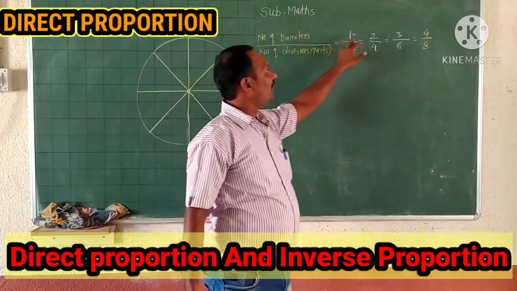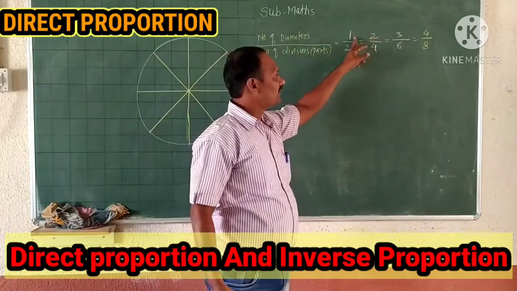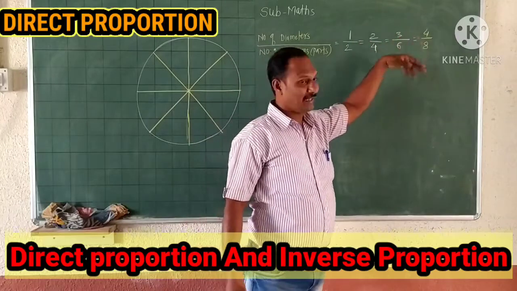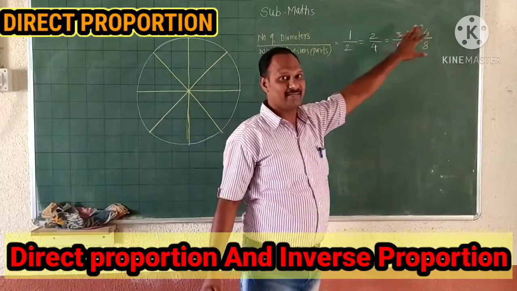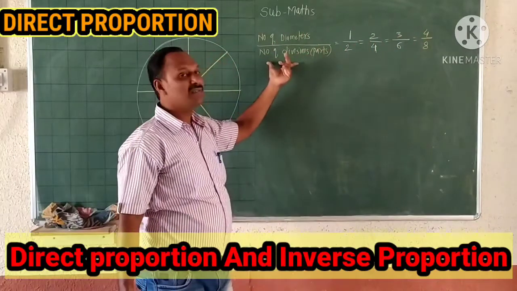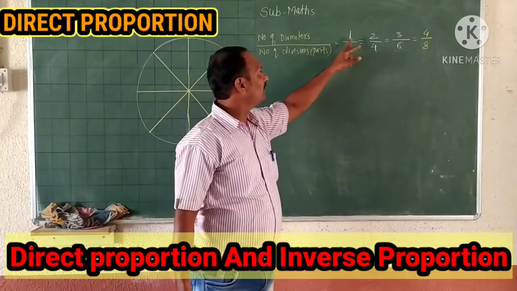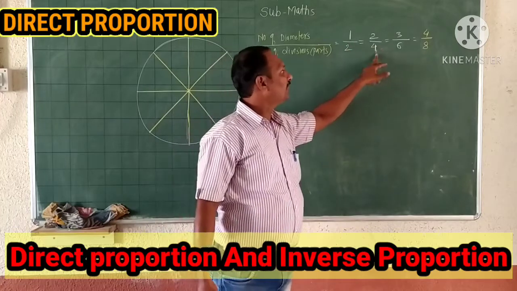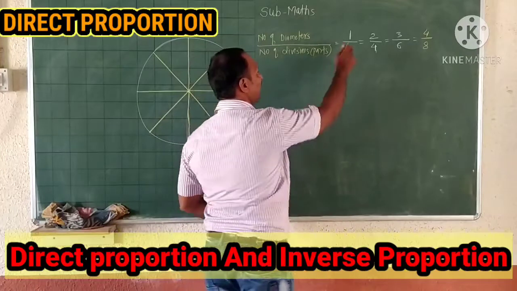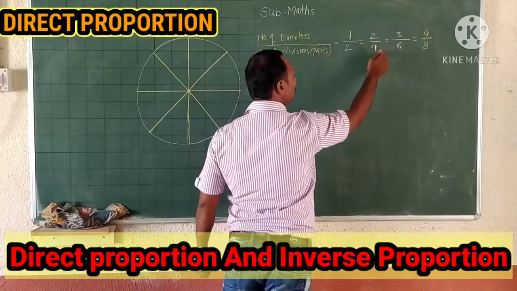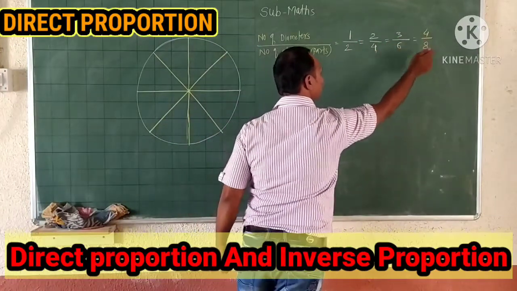As the number of diameters increases, the number of divisions also increases: 2, 4, 6 and 8. One diameter makes two parts, two make 4, three make 6, four make 8.